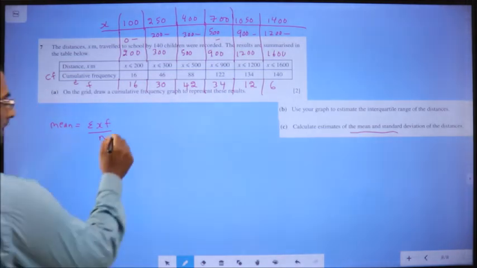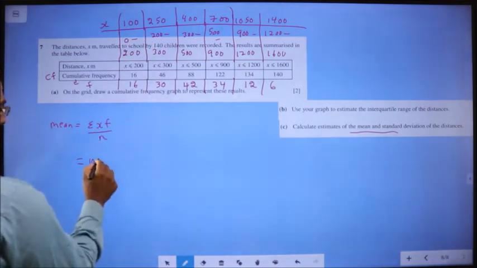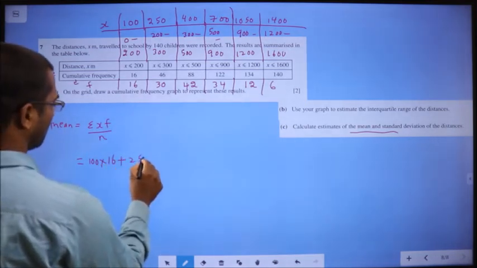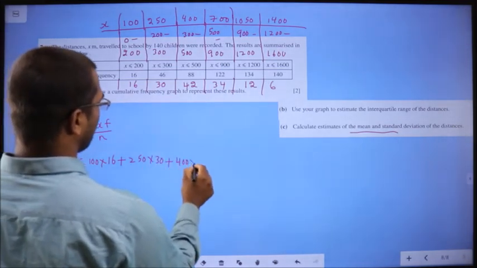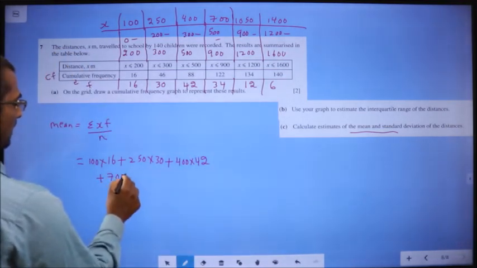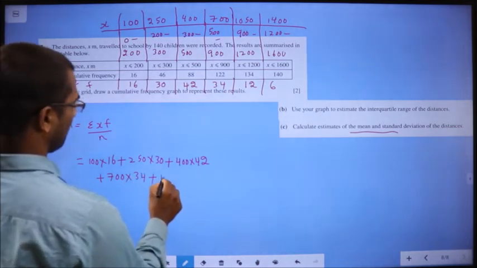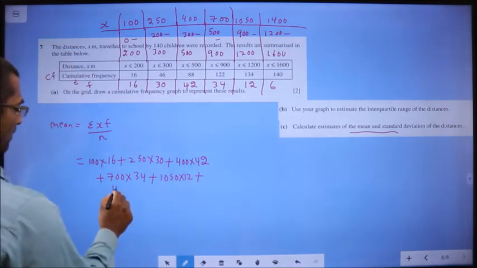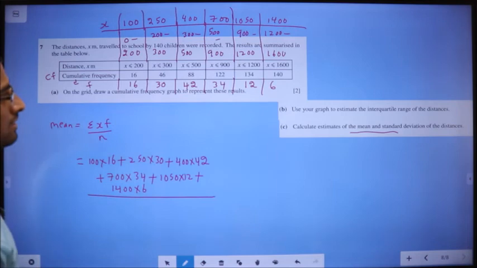So that is x into f means 100 into 16 plus 250 into 30 plus 400 into 42 plus 700 into 34 plus 1050 into 12 plus 1400 into 6 by the total, which is 140.